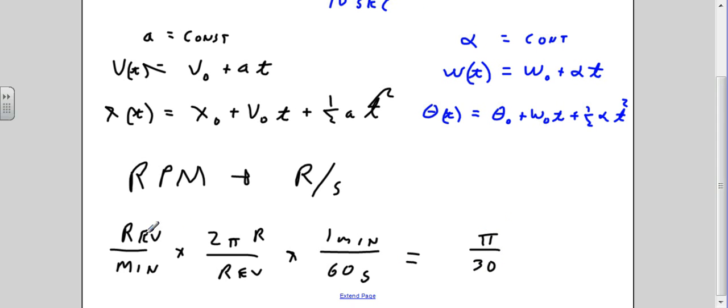And we see that revolutions went away, minutes went away, and this is radians per second left over.